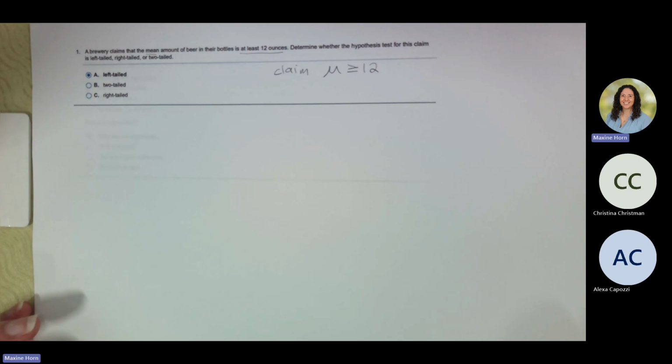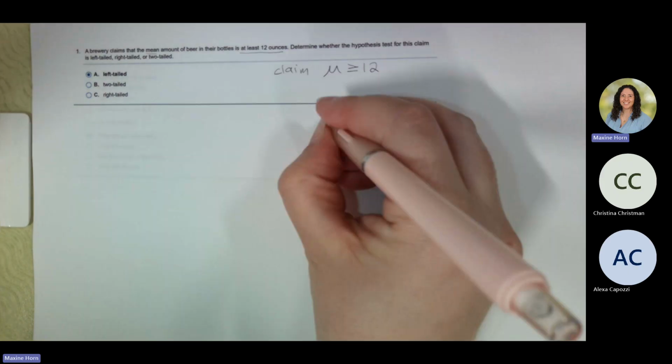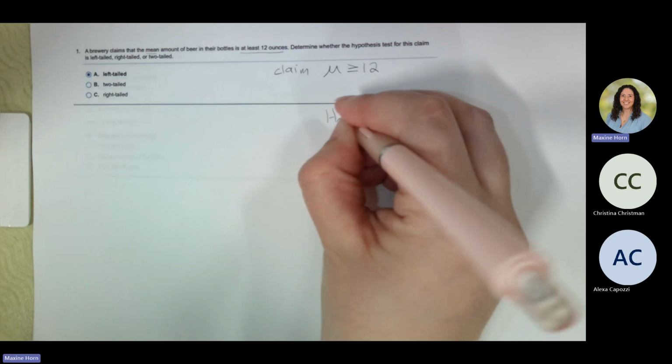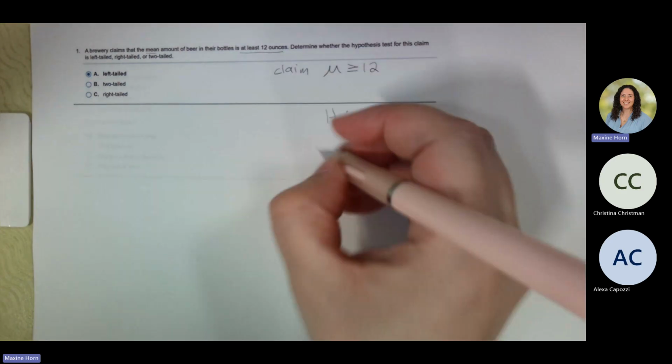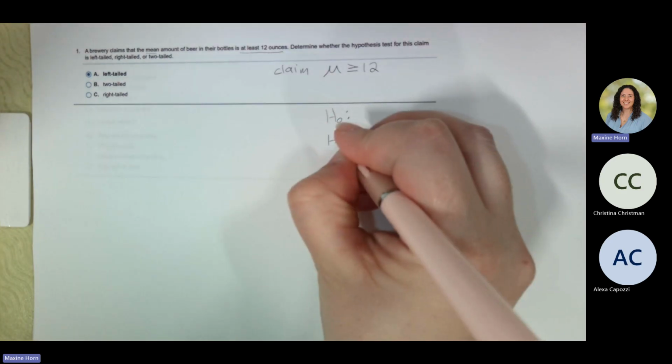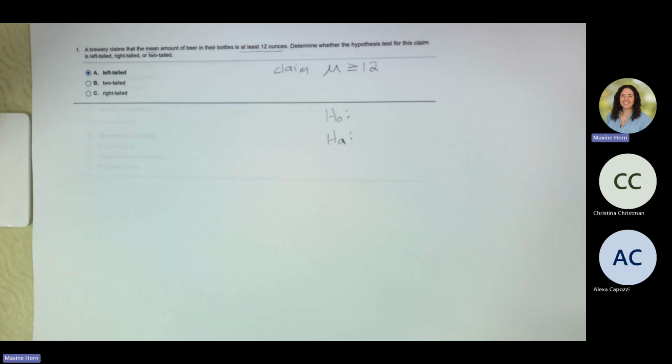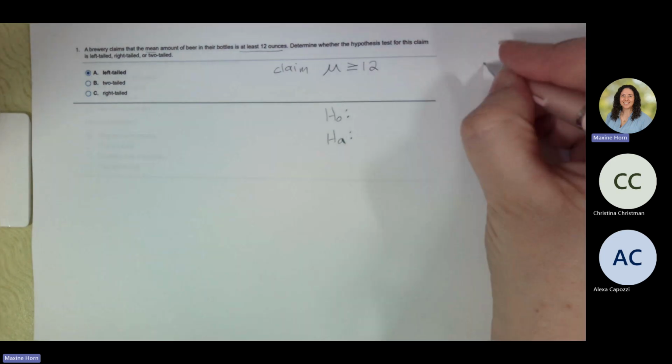All right, so we have our claim. We said that our claim was that the mean is greater than or equal to 12, right? At least 12, greater than or equal to 12. So now what we need to do is say, which of those is my null hypothesis and which of those is my alternative hypothesis?